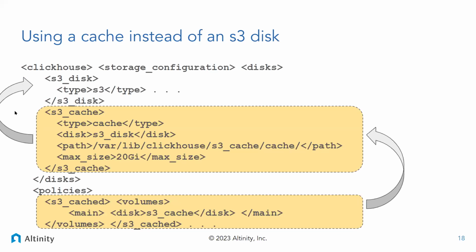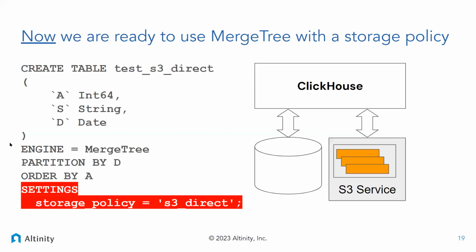This is an example, so it's pretty small, but it can be any size you want. You can put 500 gigs, a terabyte. You just want to make sure you have available storage for it. Okay, so that was a lot of background configuration, and as usual with ClickHouse, lots of XML, but it's pretty easy to set up, and the syntax is straightforward.